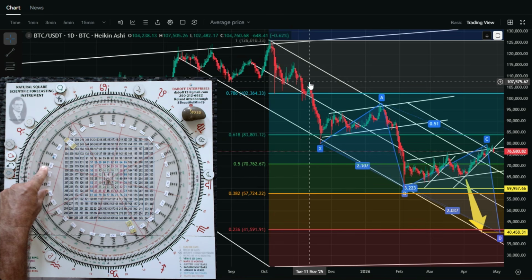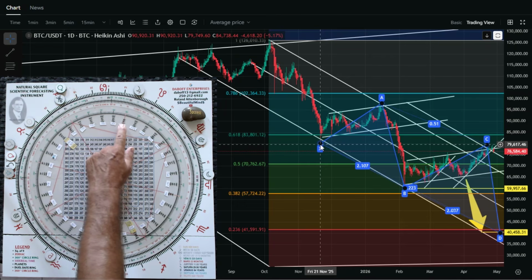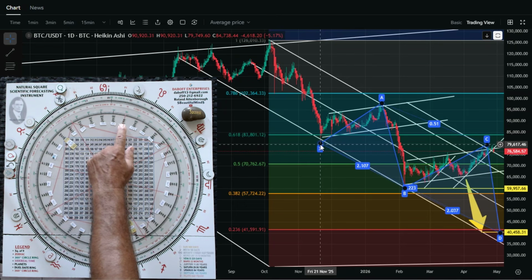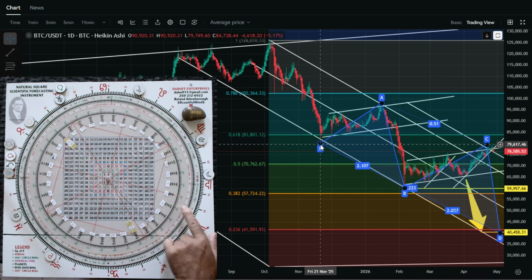And where could we see that low coming in? Next we have to consult the square to see where we would see points that would be accommodative to what we're looking at. Looking at that now, another move downward to this area is 81, and this represents this right angle here from our top, and it lines up perfectly with our first date of 45 degrees from the low date of October 5th all the way down to November 21st.